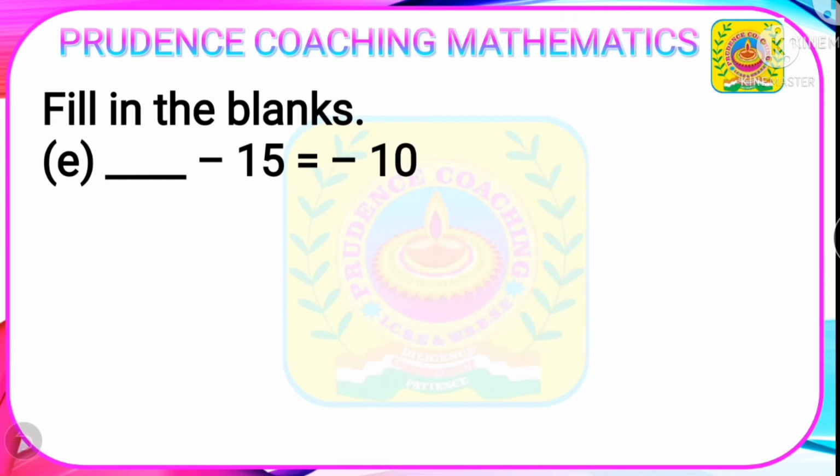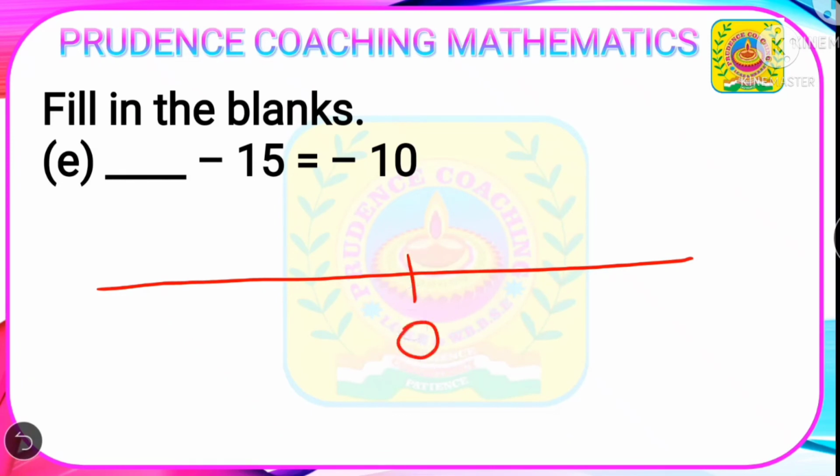Now as you can see, we have been given minus 15. Okay, and here we need to write a number so that it becomes minus 10. So here as you can see that minus 15, if you know the number line, then this is 0, and here all the numbers are negative, and here all the numbers are positive.